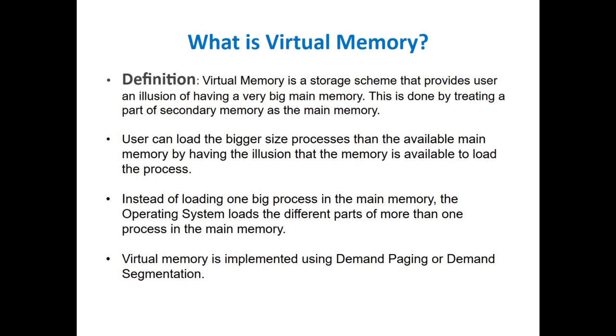Instead of loading one big process in the main memory, the operating system loads different parts of one process in the main memory. Virtual memory is implemented using demand paging or demand segmentation.